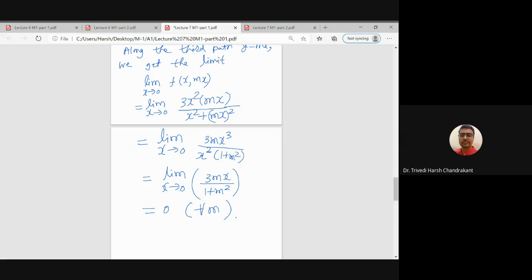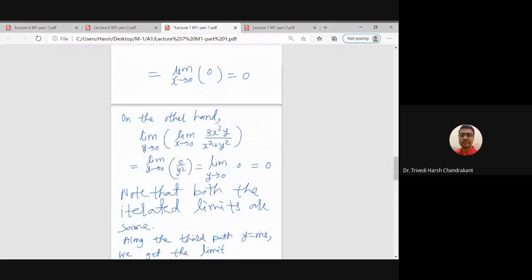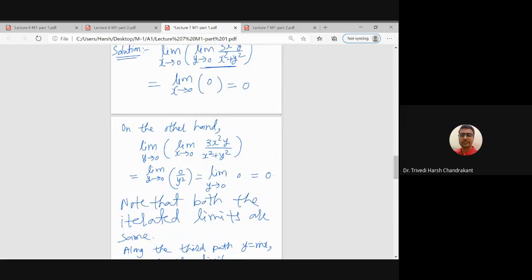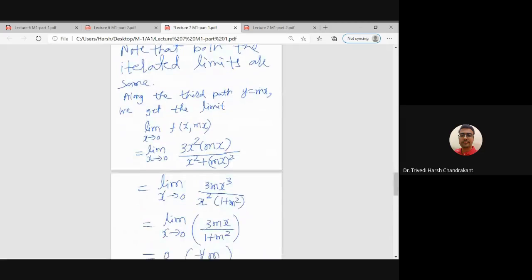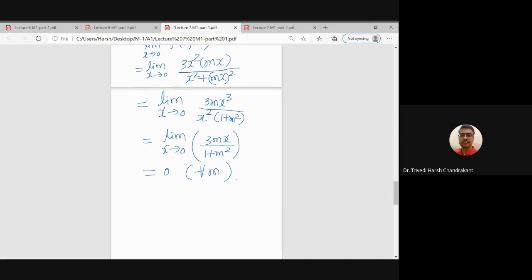Suppose the limit exists, then what is the limit of the function at origin? So that is coming from this computation basically. So every time we can see the iterated limit is also 0, along y equal to mx also we are getting limit 0. So therefore we are basically guessing that the limit of the function is maybe actually 0.